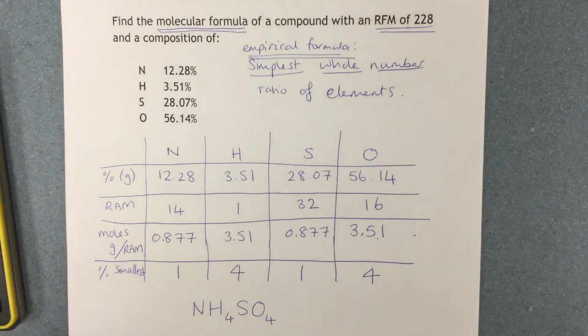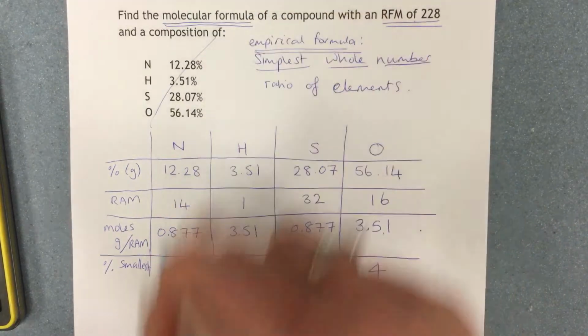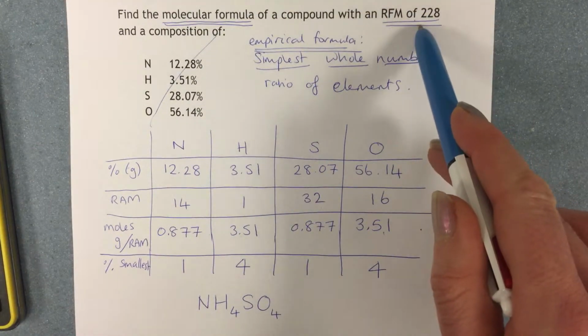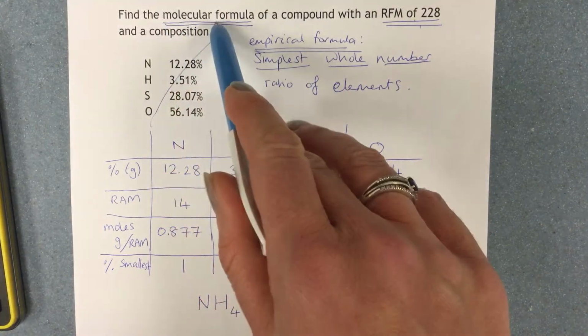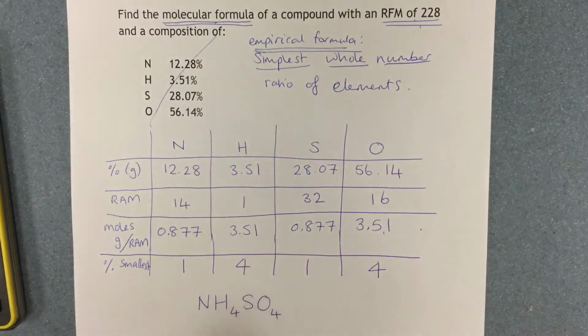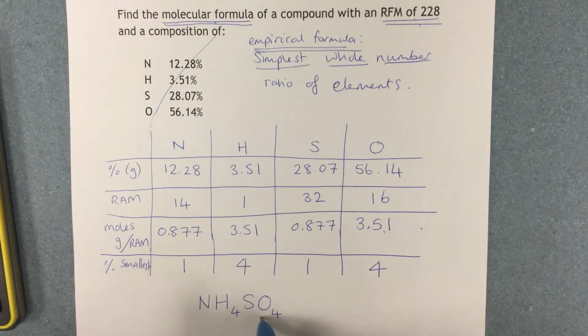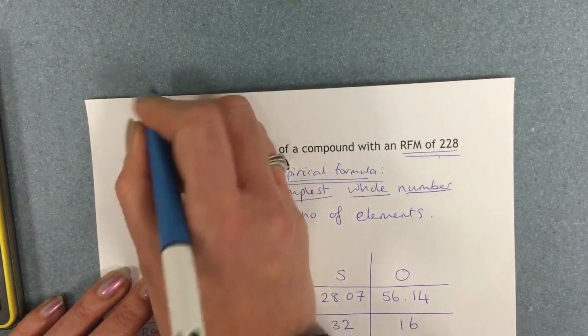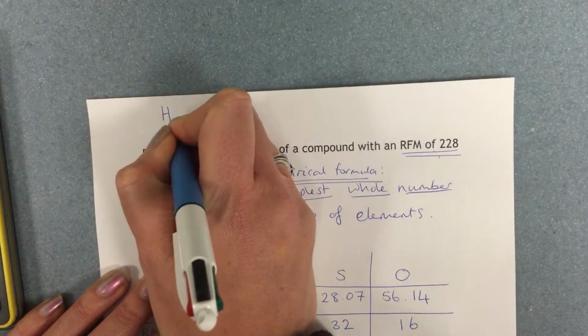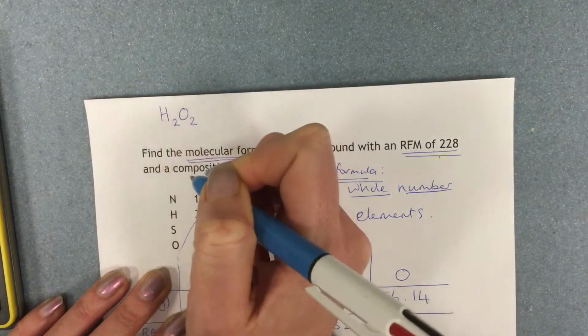That's really probably most of the marks in the question. But what I haven't done is use the RFM, and I haven't done this thing called molecular formula. Empirical to molecular is really just this: the empirical formula is the simplest whole number ratio. In the same way, if we do an example up here, hydrogen peroxide has the formula H2O2.